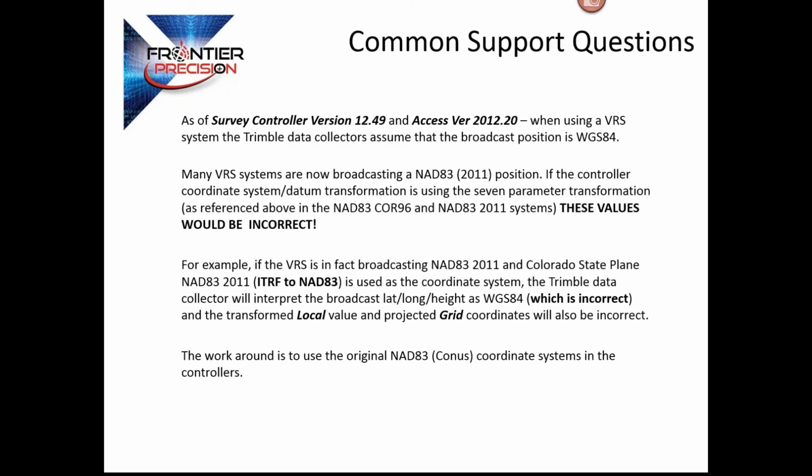If you choose ITRF to NAD 83 State Plane in your data collector as your coordinate system, the Trimble data collector will interpret the broadcast lat long as a WGS 84 position, which is not correct. It is a local position, and it will retransform that position to a new local value, and thus your grid coordinates will be off, and it will be off by feet. It will be pretty significant.